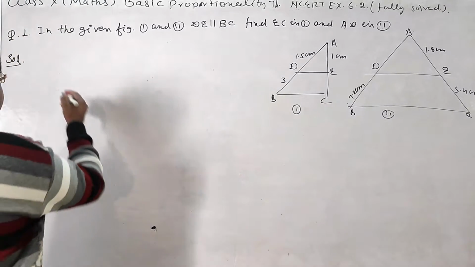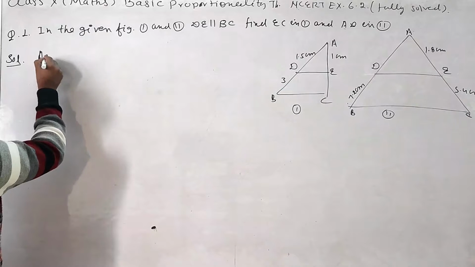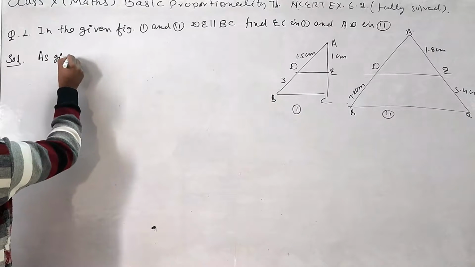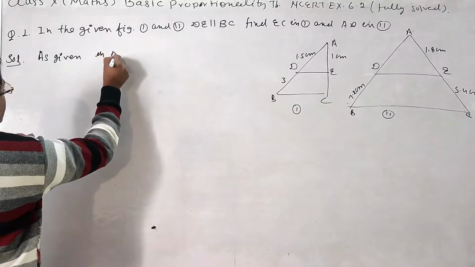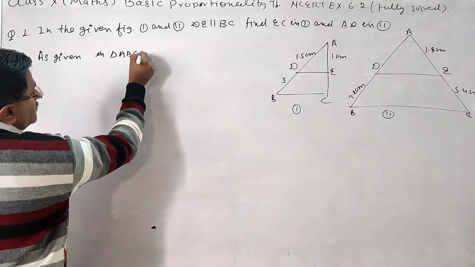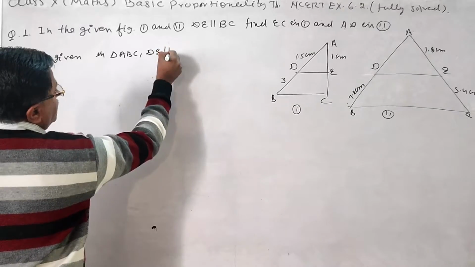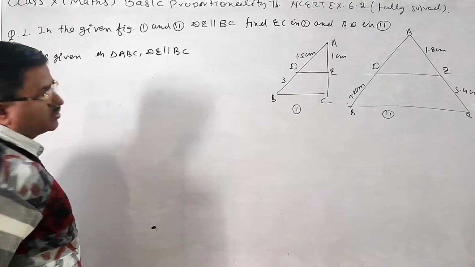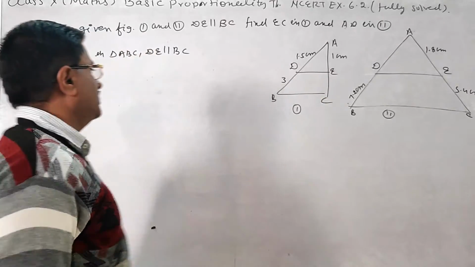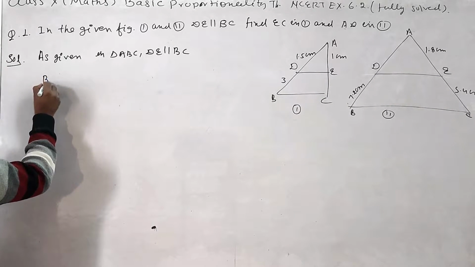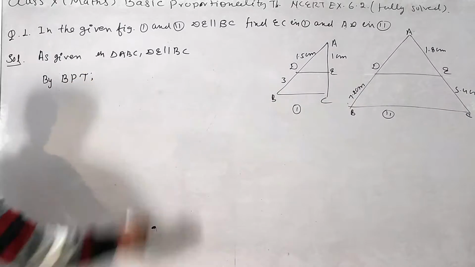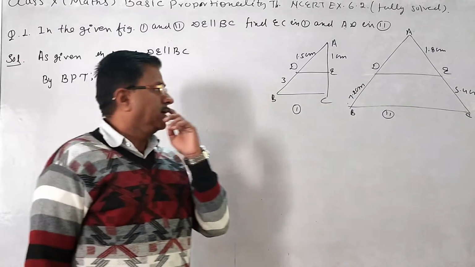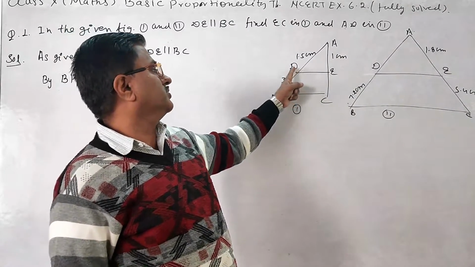So as given, you may write here: in triangle ABC, DE is parallel to BC. Now by the basic proportionality theorem, I am writing the short name, that is BPT. What does the basic proportionality theorem say?